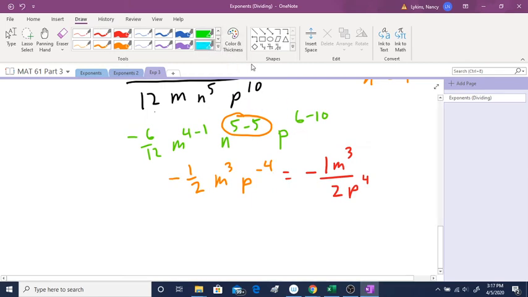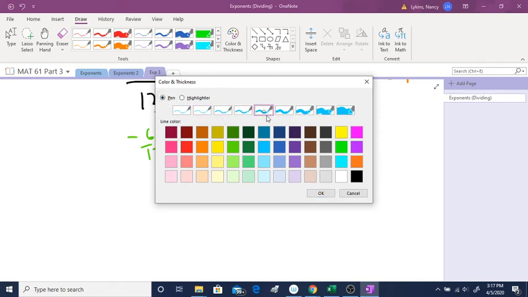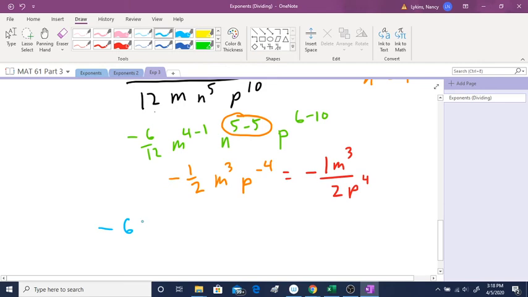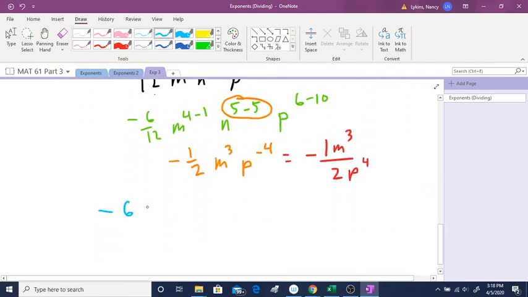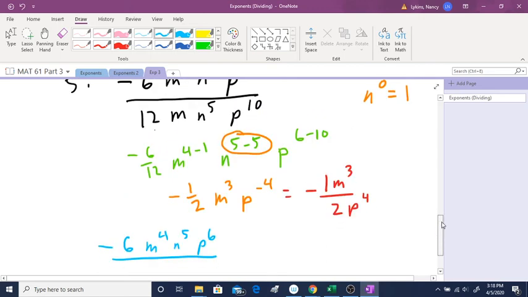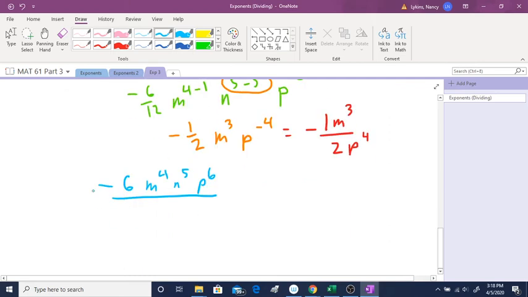Now, as far as looking at this one visually, I've got negative 6, and then I've got m to the 4th, n to the 5th, p to the 6th, over 12m, n to the 5th, p to the 10th. So that is like saying negative 6, 1, 2, 3, 4 m's, 1, 2, 3, 4, 5 n's, 1, 2, 3, 4, 5, 6 p's.